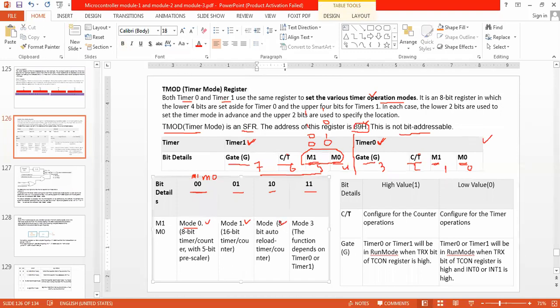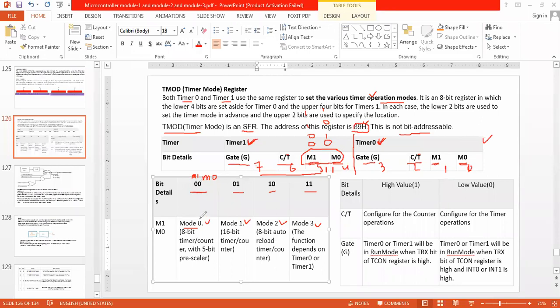Whenever it is 1, 0, it is mode 2. And if I write 1, 1 here, then it is mode 3. I can set the value in either nibble, and wherever I set the value, that timer, Timer 0 or Timer 1, is going to work in that particular mode of operation.